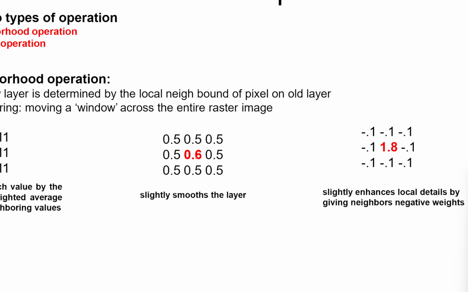So we apply a filter, and then we change the value. That filter will use the pixel values from the neighboring area and then change the value of the central pixel.